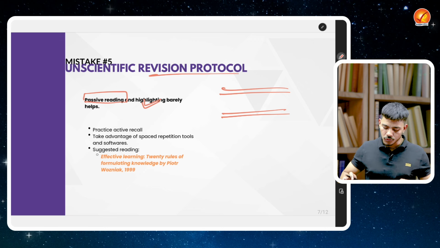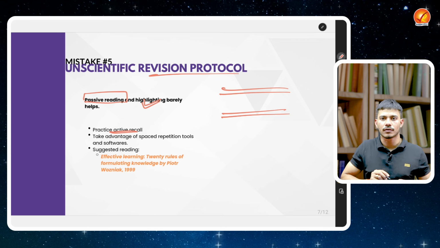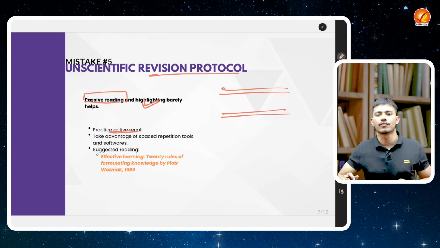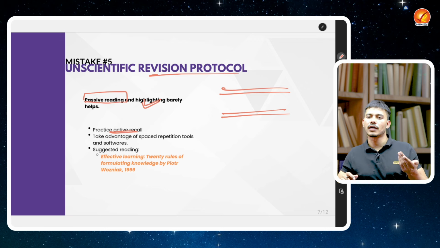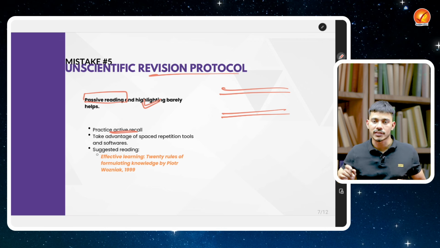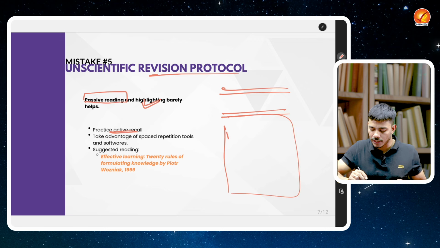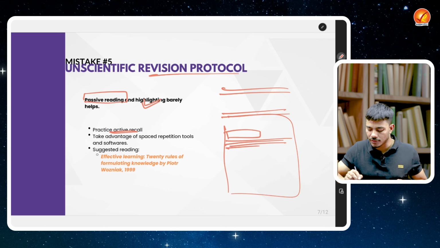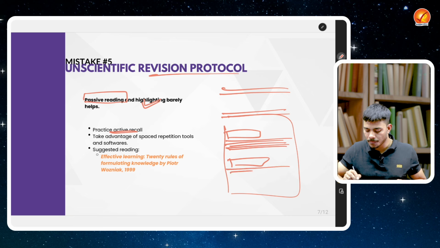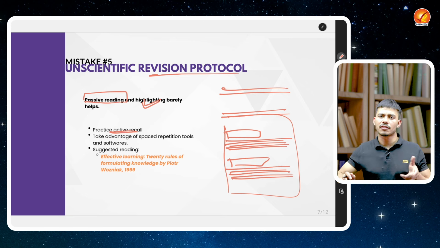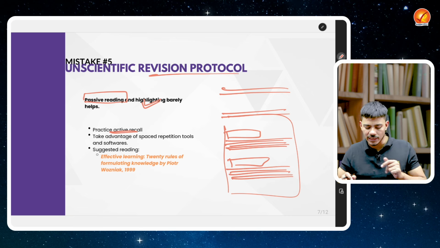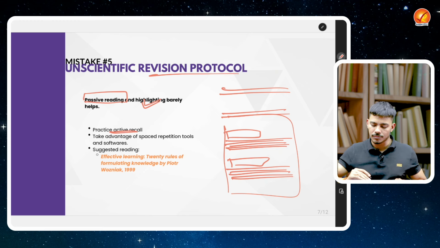What we can do in order to have a very good scientific revision is to practice active recall. Whatever material you have, your final notes, maybe you can convert it into question and answer format. If not question and answer format, then at least have a heading for every note and then the detailed material. Rather than reading it in a passive manner, you can cover the rest of the answer and just read the heading.